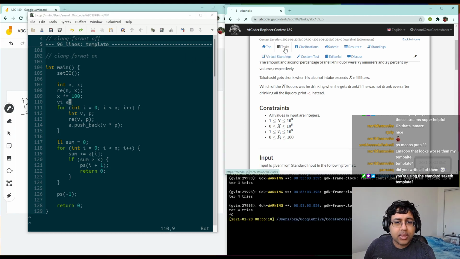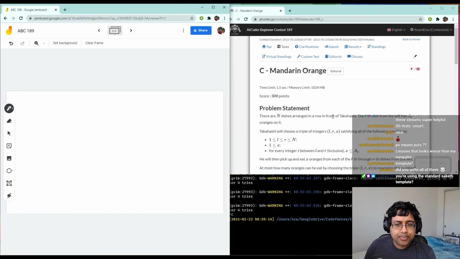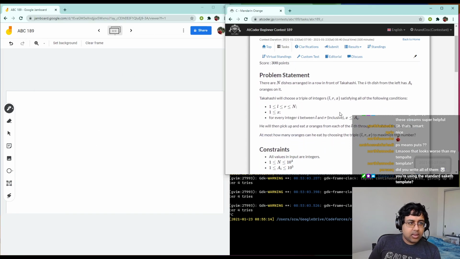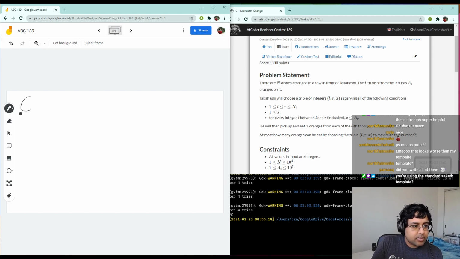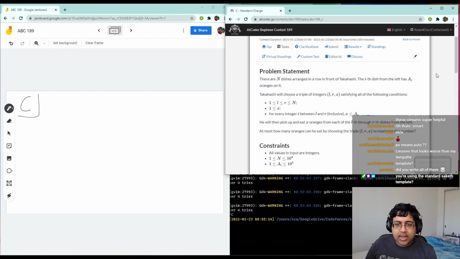Okay, cool. So let's go over C. I thought C was kind of cool. There's a nice way to visualize it. Basically for C, you have a bunch of dishes that have a certain number of oranges, and you want to pick a contiguous interval of dishes and take the same amount of oranges from every dish.